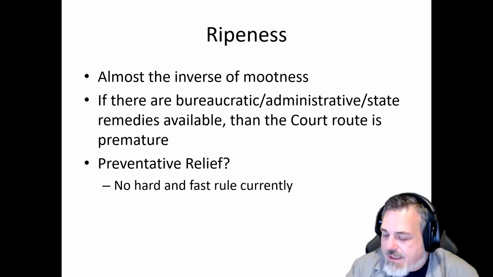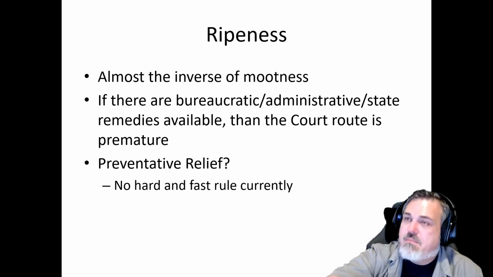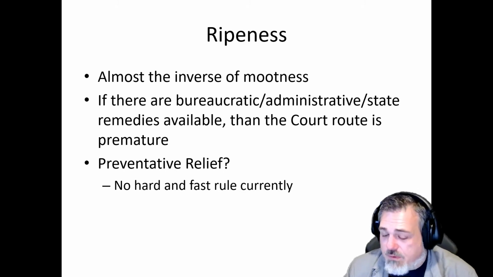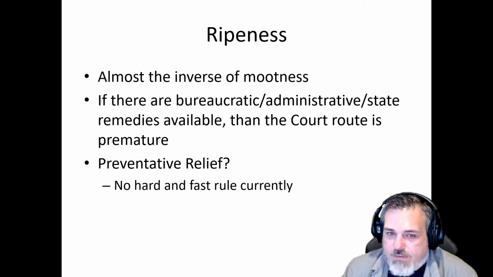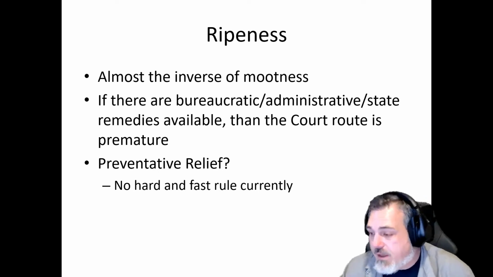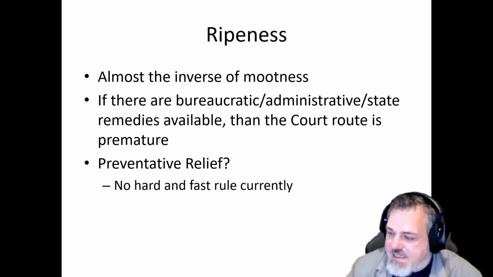And that means that there are lots of cases that seek preventative relief alongside other issues, because there is no hard and fast rule for preventative relief. But more often than not, courts don't engage in preventative relief until the law is actually enforced, because the argument is, well, your case is simply not ripe. Your case simply hasn't gotten there yet.